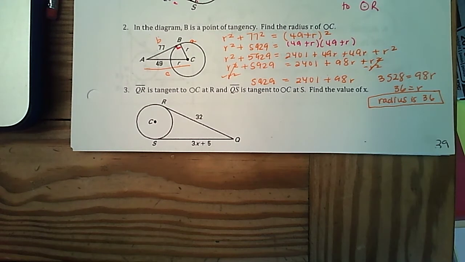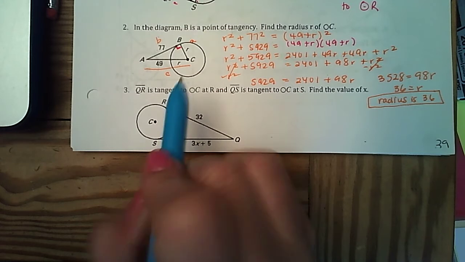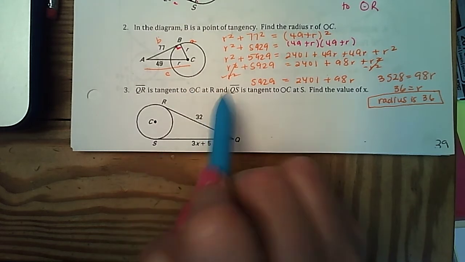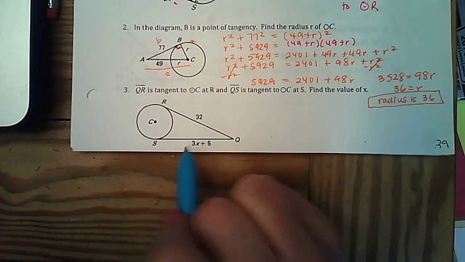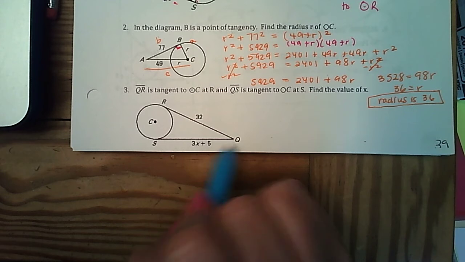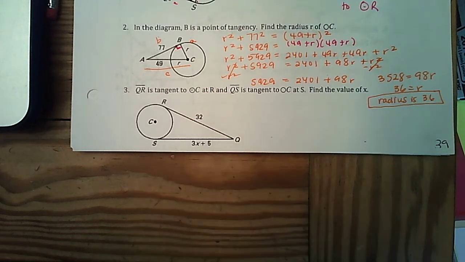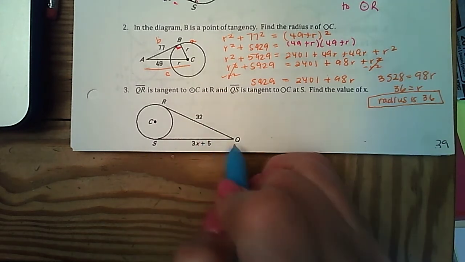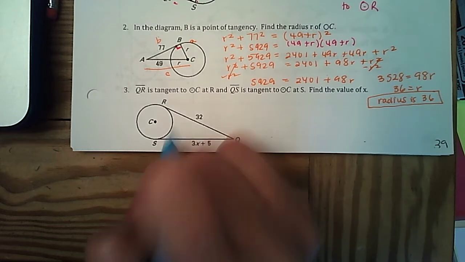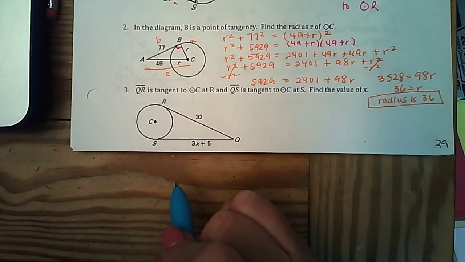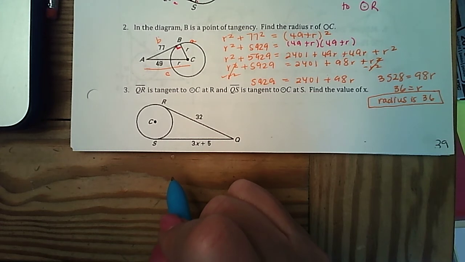All right, number 3. Number 3 says OR is tangent to circle C, and R at OS. So both of these lines are tangent. Find the value of x. So with that, we're going to go back and use that theorem 1011.